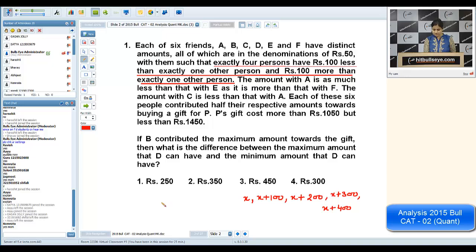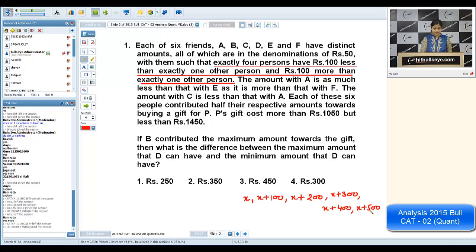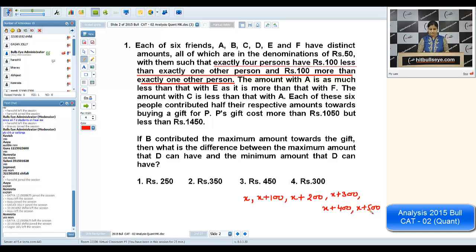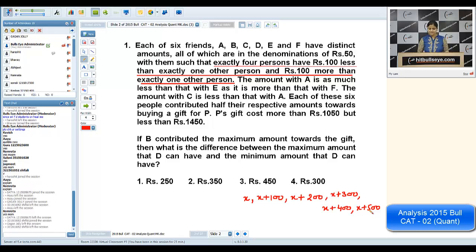Okay. So now what is the total amount here? We have 6 persons here, so there should be one more person. That is X plus 500. Now it says each of these 6 people contributed half their respective amounts towards buying a gift for P. P's gift cost more than rupees 1050 but less than 1450.